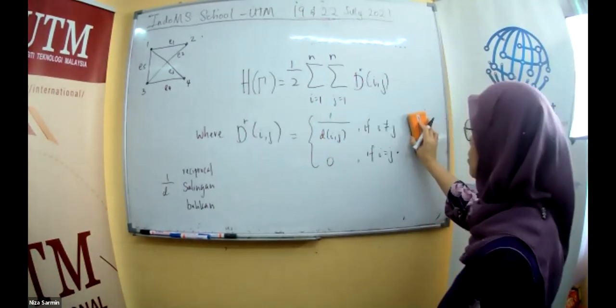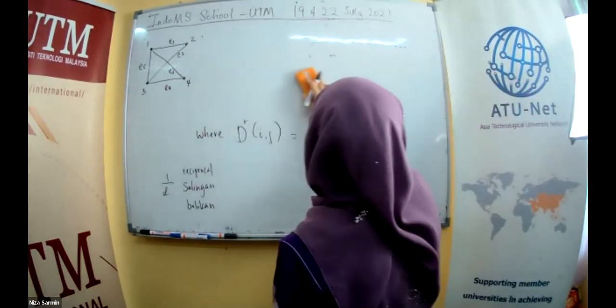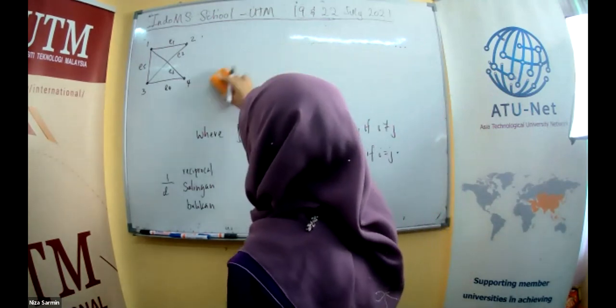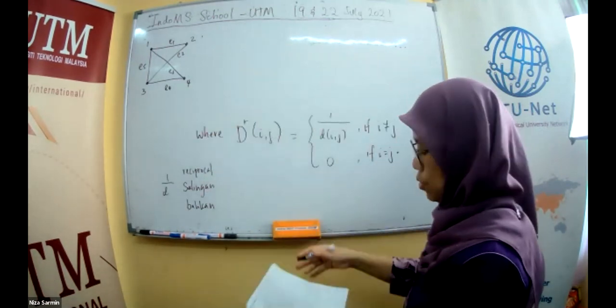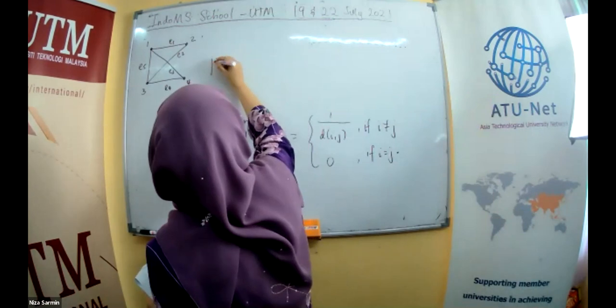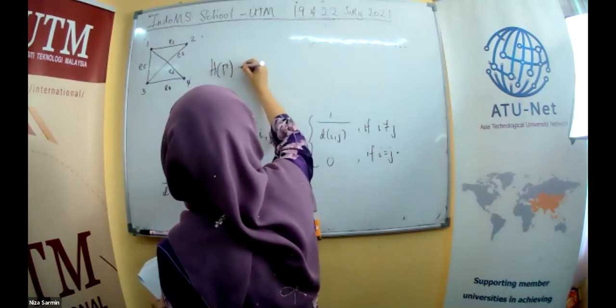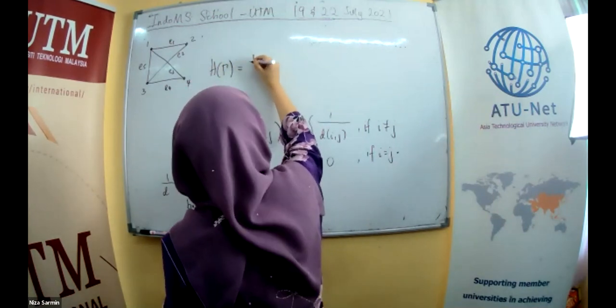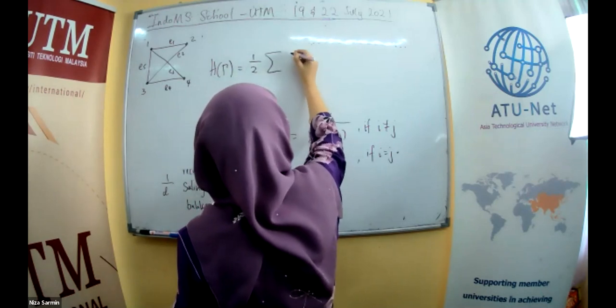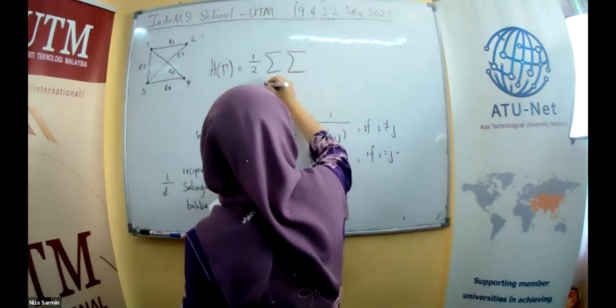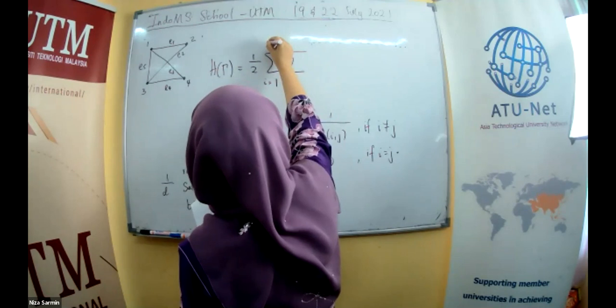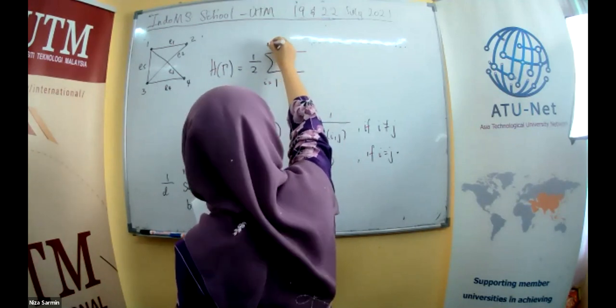Okay, so H of gamma is equal to 1 over 2, sum over i from 1 until 4.